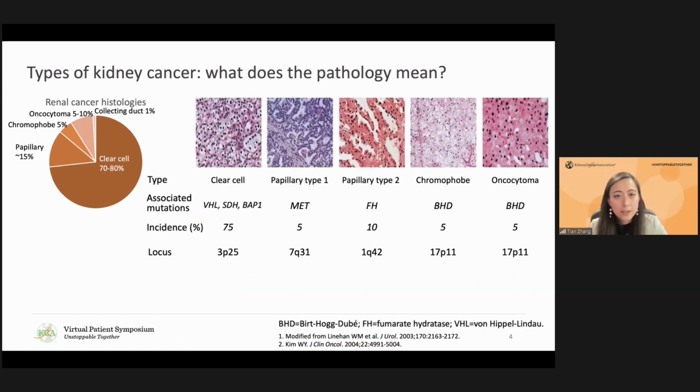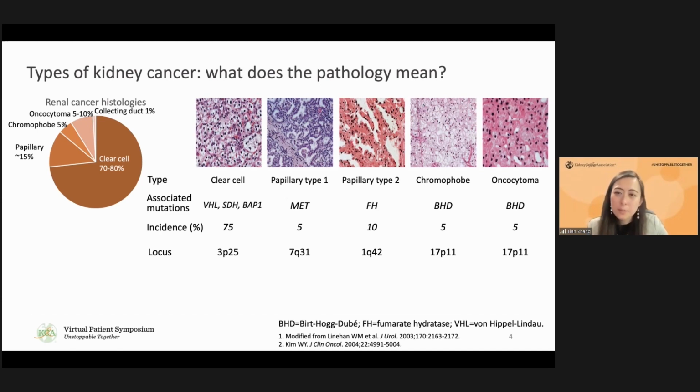So what do these look like? They look very different under the microscope. The vast majority, clear cells, have very large cells with clear cytoplasm and make a lot of protein, and that's why they're called clear cells. Papillary have these papilla fronds, if you will, and there's both type 1 and type 2 etiologies.